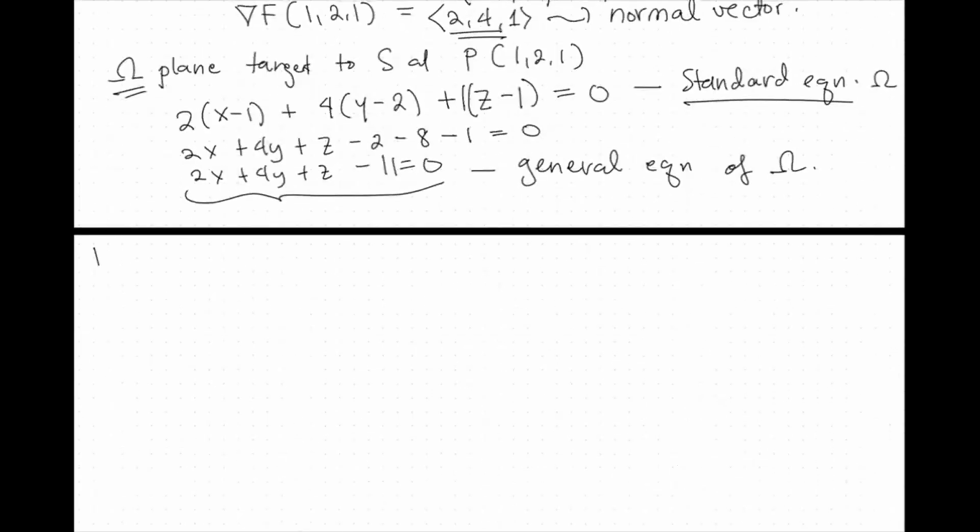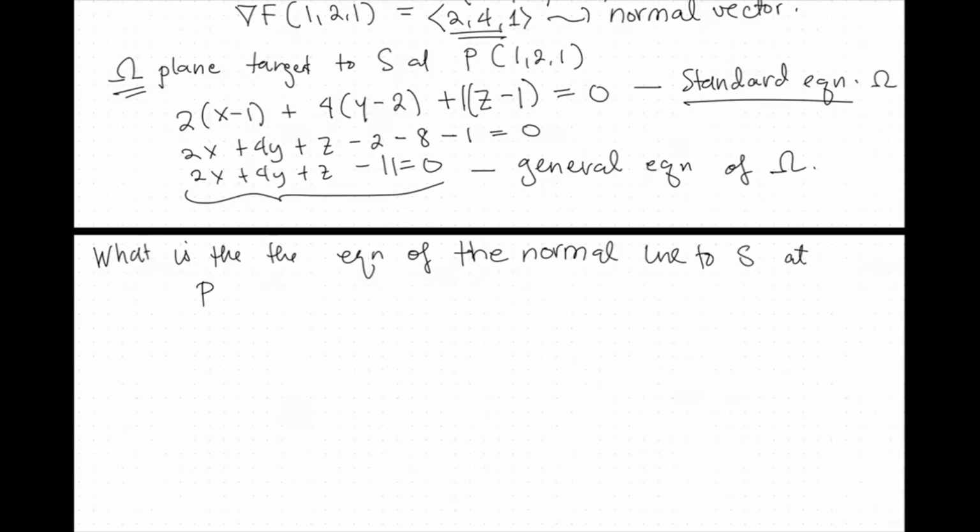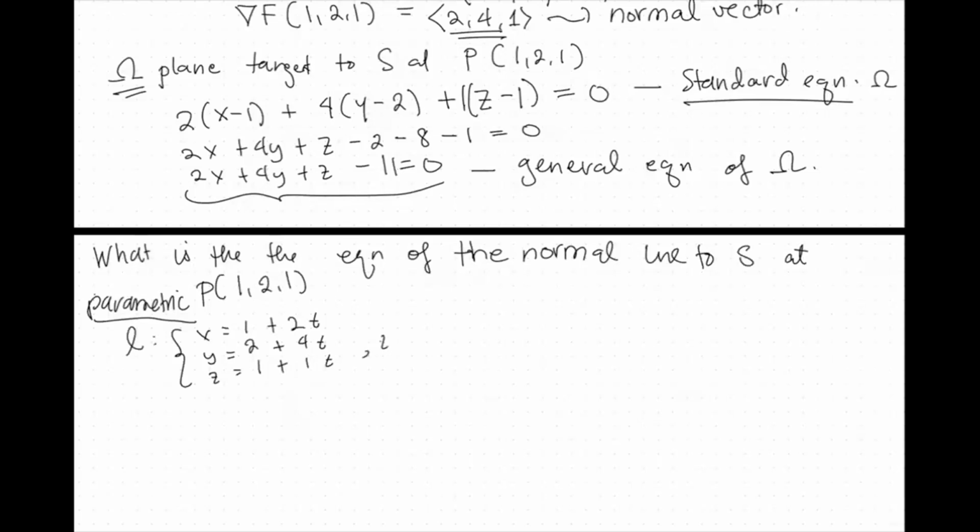Now, if you are to ask what is the equation of the normal line to S at the point P, given as (1, 2, 1), we get first the parametric equation. It is given by L: (x, y, z) equals the point given, (1, 2, 1), plus our (a, b, c), which is (2, 4, 1), times t, where t is a real number.